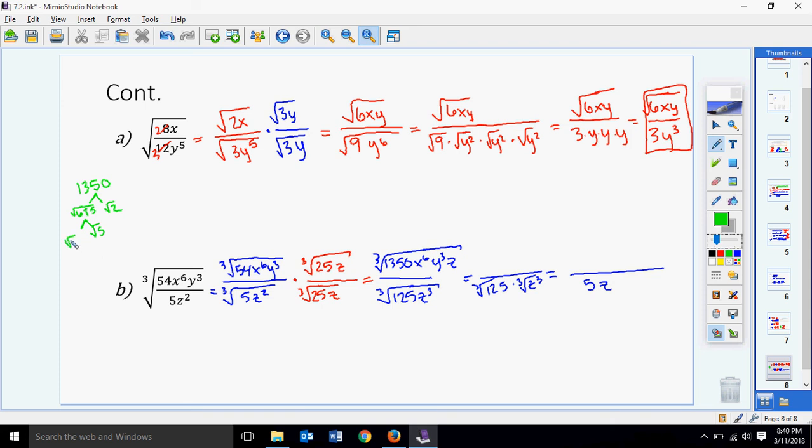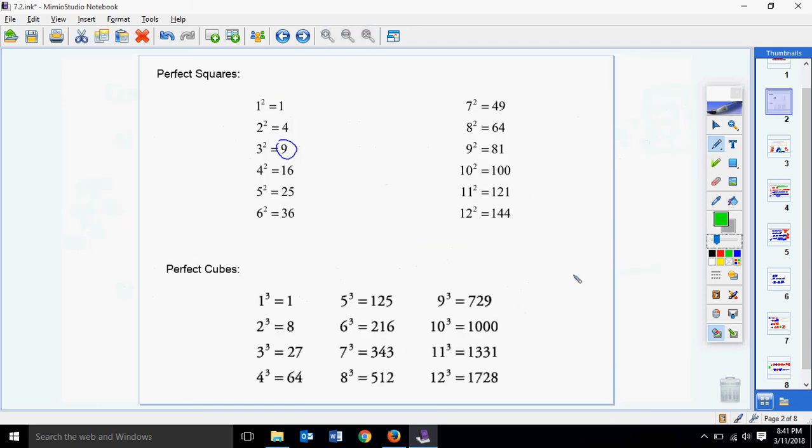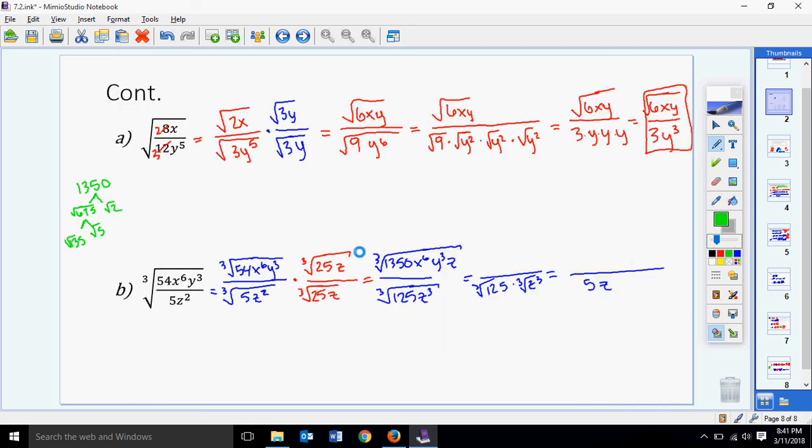And I get 135. If I look back, 135 is not a perfect cube either. By the way, these should all be cube roots since we're cube rooting it. 135, let's go divide by 5 one more time. I get the cube root of 27 times the cube root of 5.